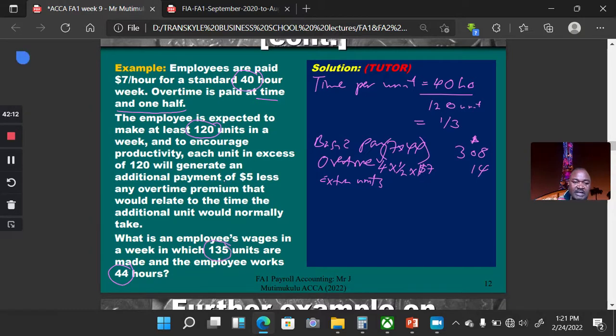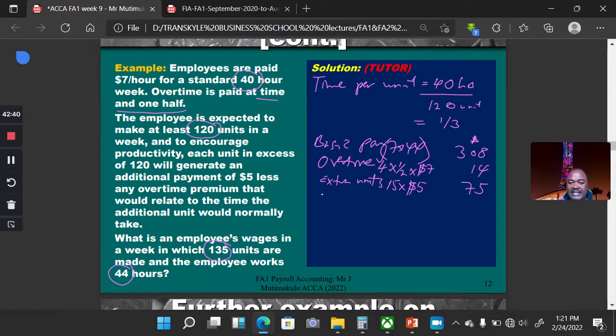So the extra was 135 minus 120, that's 15. So 15 multiplied by the additional payment of $5. The extra units give us 15 multiplied by 5, that's 75.